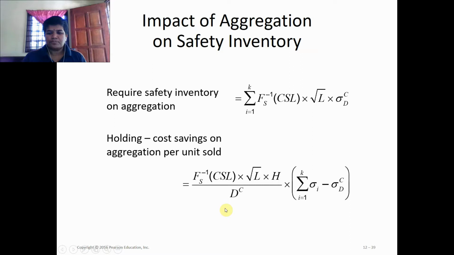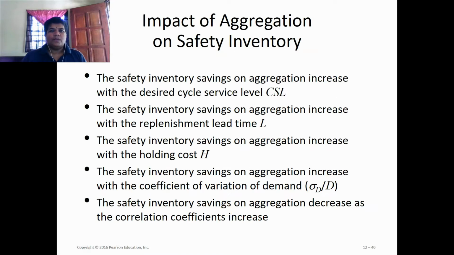Impact of aggregation on safety inventory. The safety inventory savings on aggregation increase with the desired cycle service level, with the replenishment lead time, with the holding cost, and with the coefficient of variation of demand.